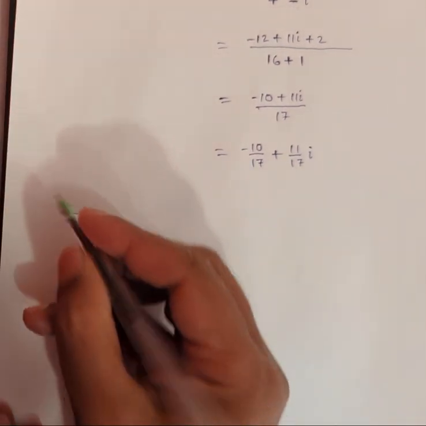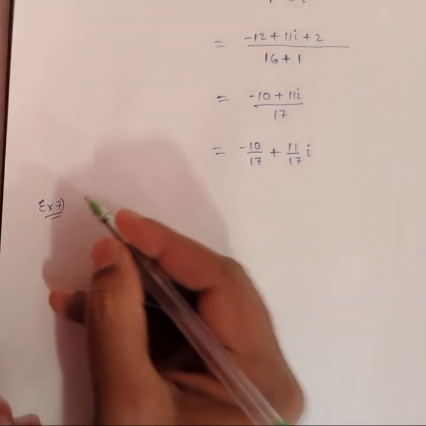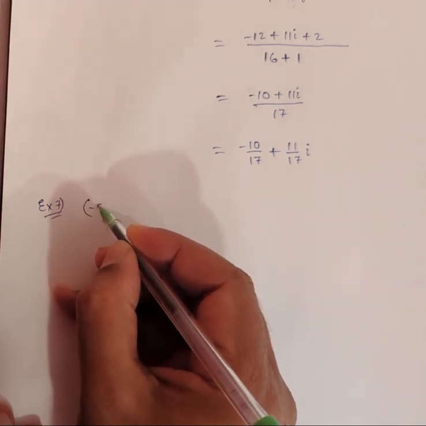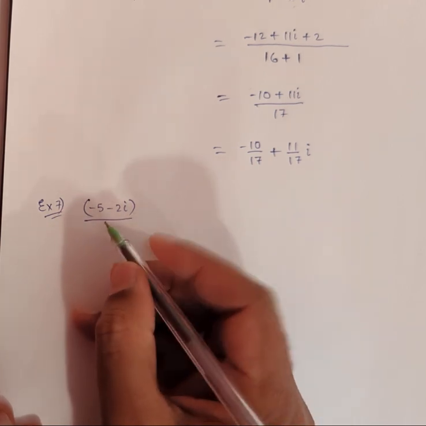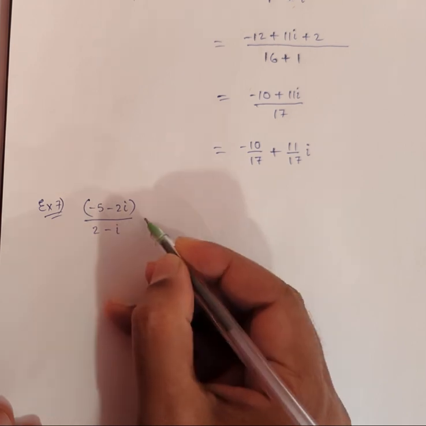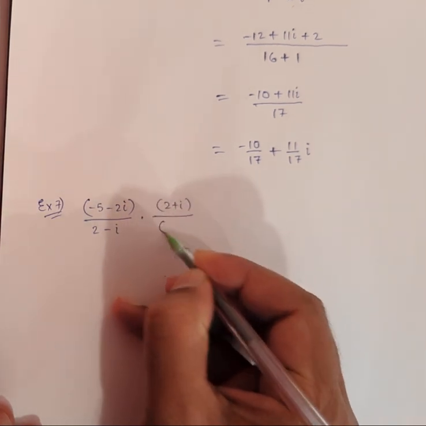Now let's look at one more example, and this time let's do it a little bit faster. So what about negative 5 minus 2i divided by 2 minus i? So we'll multiply and divide by 2 plus i.